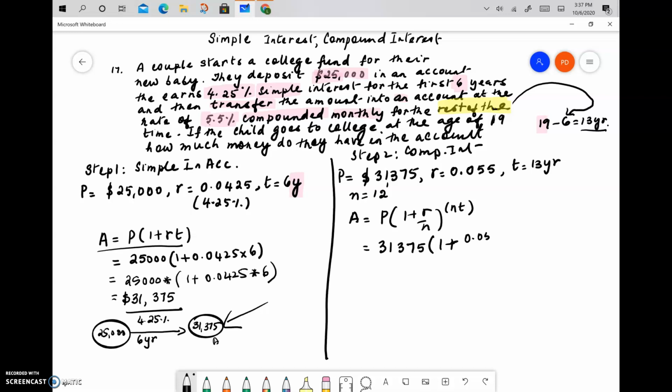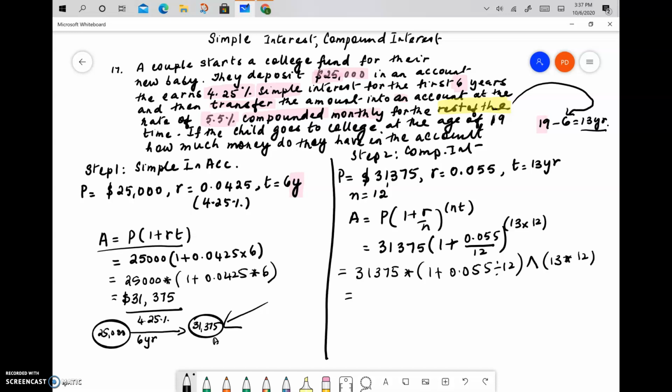We have 0.055 divided by N, which is equal to 12, to the power, in parentheses, 13 is the time, 12 is the number of times it is compounded. So the way you're going to enter this into your calculator is 31375 times, open parentheses, 1 plus 0.055 divided by 12, to the, open parentheses, 13 times 12.